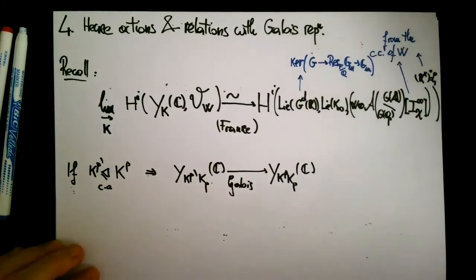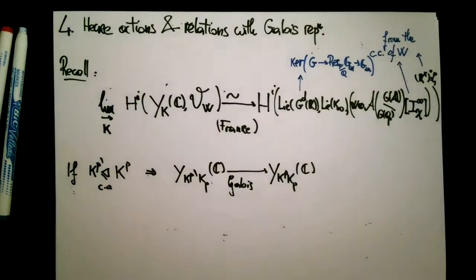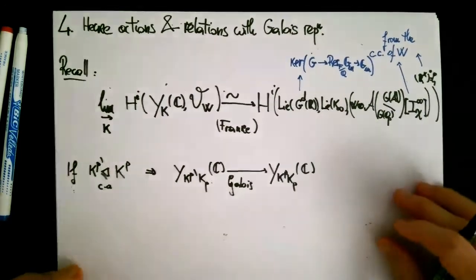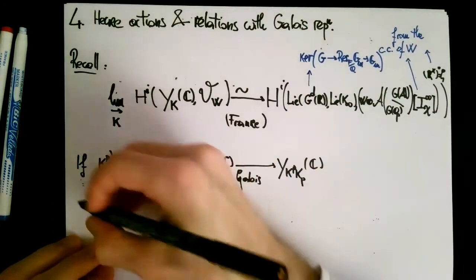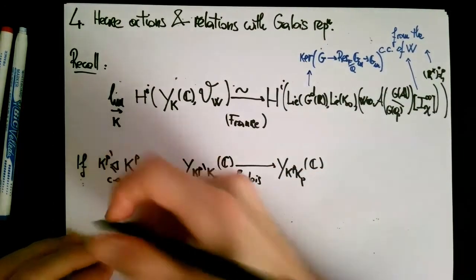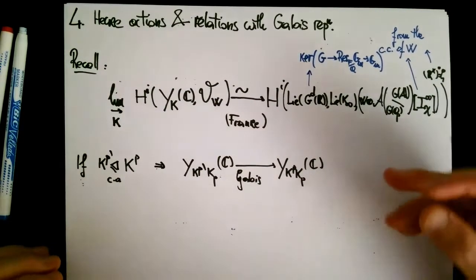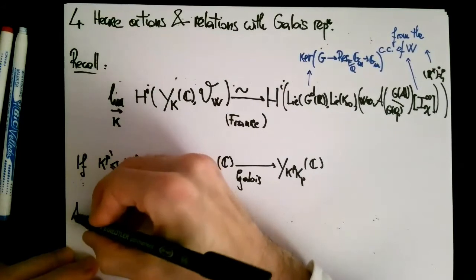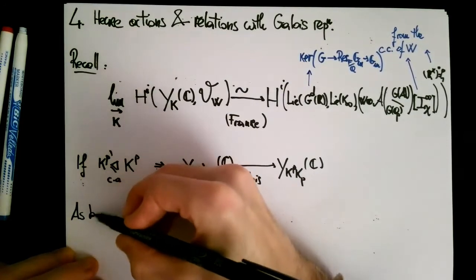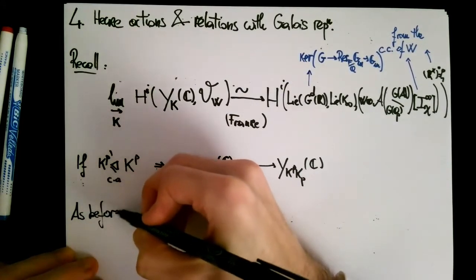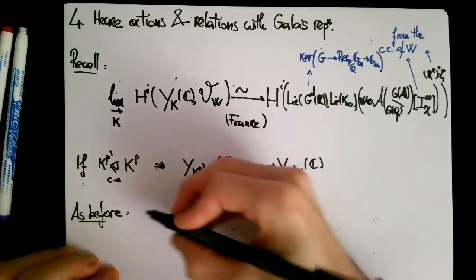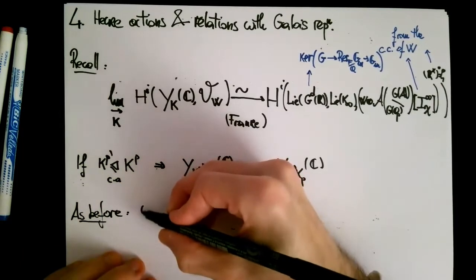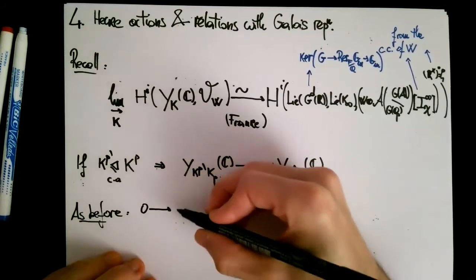And as before, we can obtain the following commutative diagram of exact sequences.